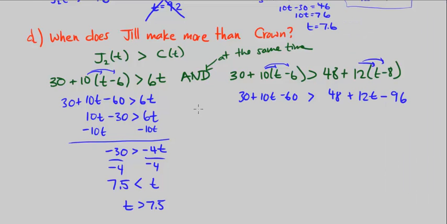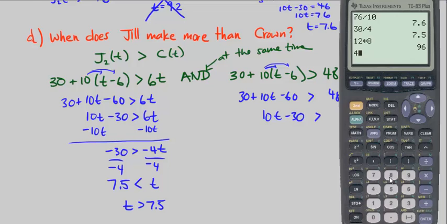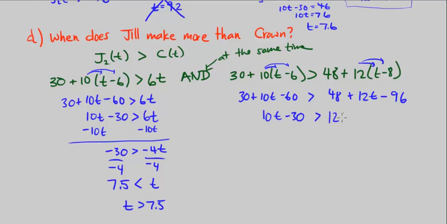Then combine like terms: 10T minus 30 is greater than or equal to 48 minus 96, which is negative 48, so it's 12T minus 48.